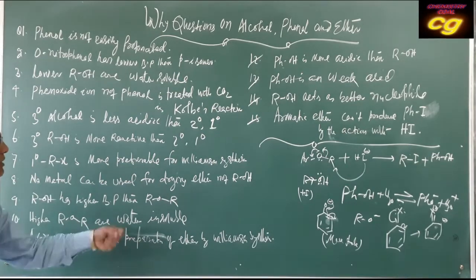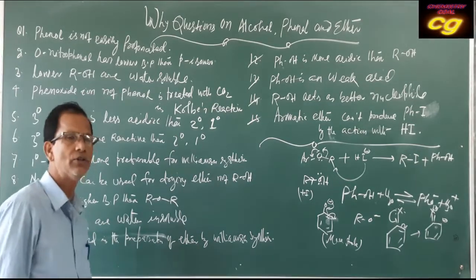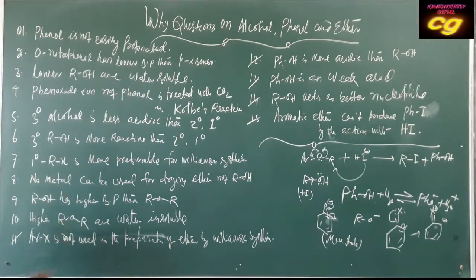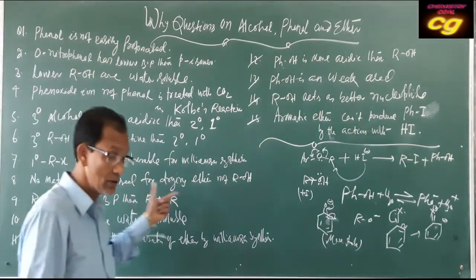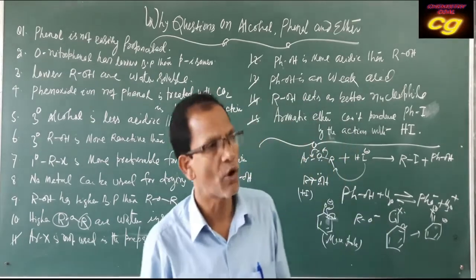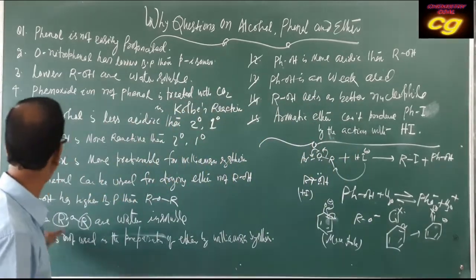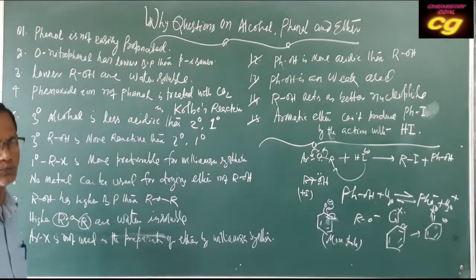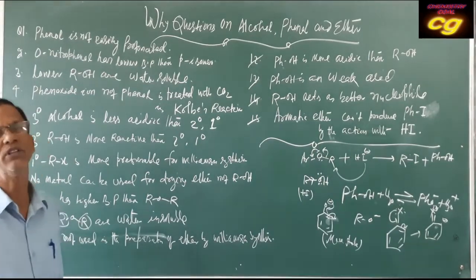Then question number 10. Higher ethers are water insoluble because the R group is generally hydrophobic in nature. That's why higher alcohols are less polar and not soluble in water, due to the hydrophobic R group.